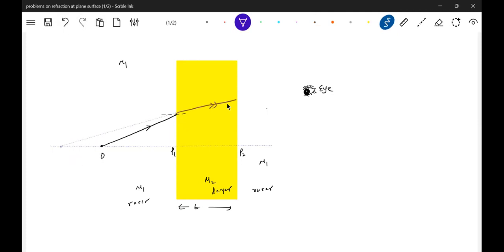So here is where the image I1 will come. Again, the ray is going to move from denser to rarer. It should bend away from the normal. So the emergent ray will be finally here.